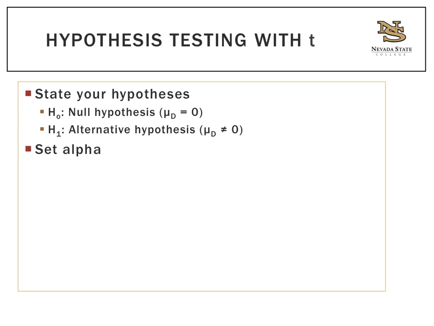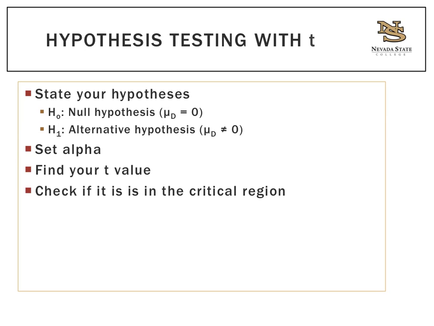You set alpha, so standard is 0.05. Of course, if you want a more conservative test, to lower your probability of committing a type 1 error, then you can set your alpha lower. You find your t-value using the formulas that I just gave you. You check to see if it's in the critical region, given your alpha and your degrees of freedom.